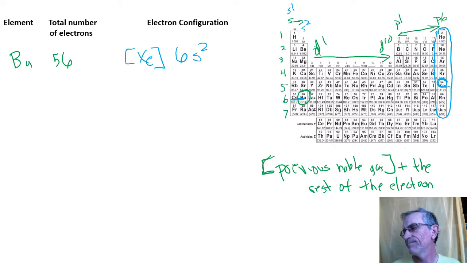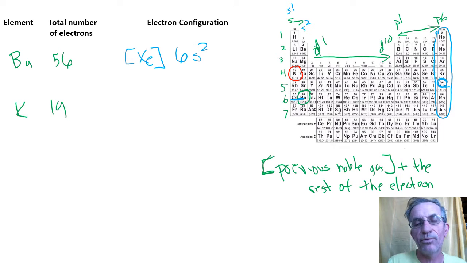All right, let's do another one. How about potassium? Potassium is number 19. Well, it wouldn't take that much effort to do it the long way, but how can we do it the short way? You find the previous noble gas. So you go back from 19, you've got to go back to 18. It's right here, 18, which is argon.